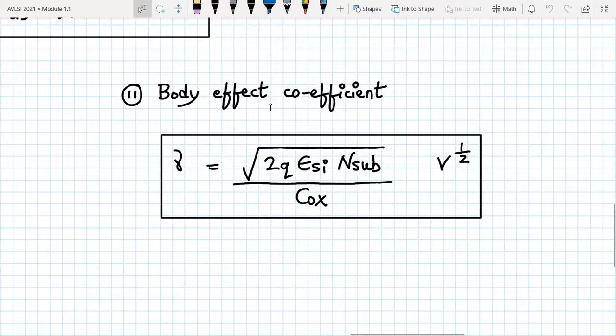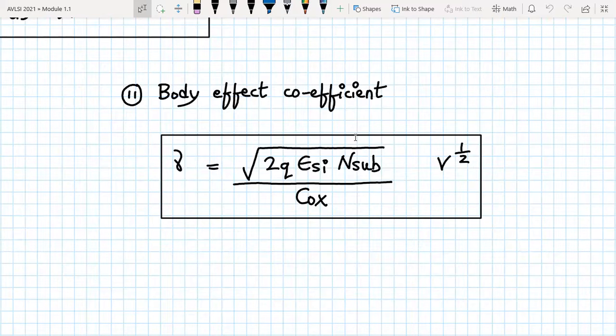Next, the last formula will be of the body effect coefficient. So gamma is given by the formula as square root of twice q epsilon Si into N substrate, the whole divided by Cox. N substrate will be either Na or Nd. In case of an NMOS transistor, the substrate is P type, so we will have Na.